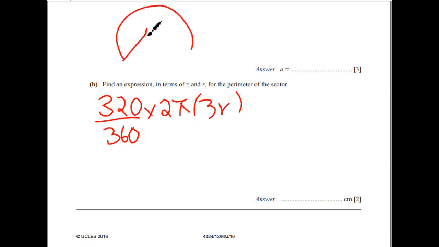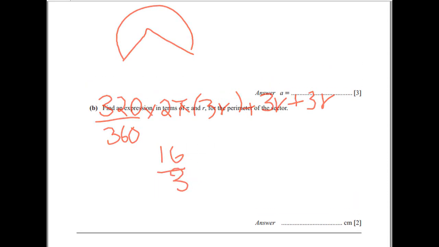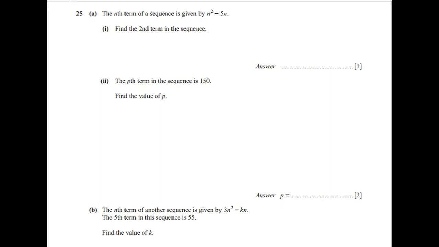Then we'll add the radius and the radius again, plus 3r plus 3r. Simplify, we'll get 16 over 3 pi r plus 6r. Final answer.